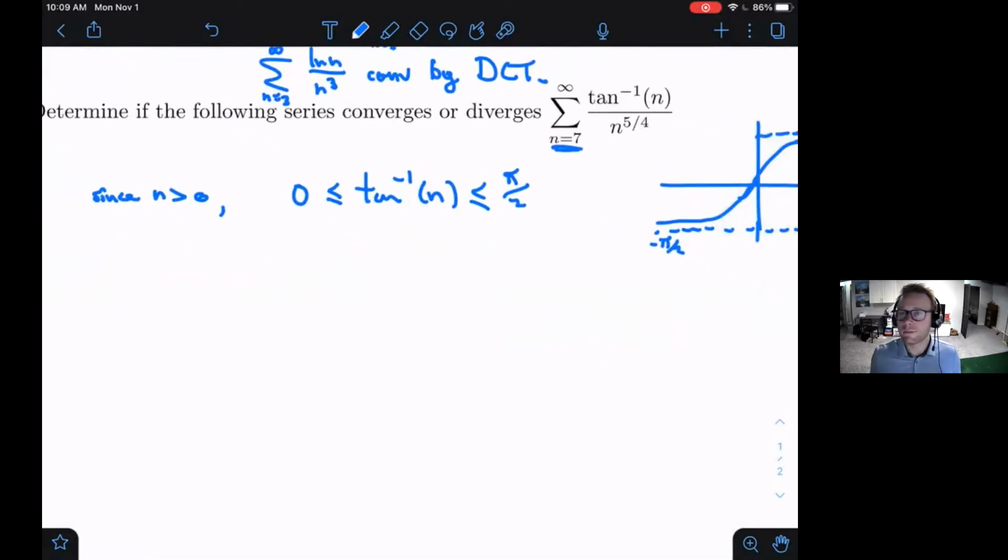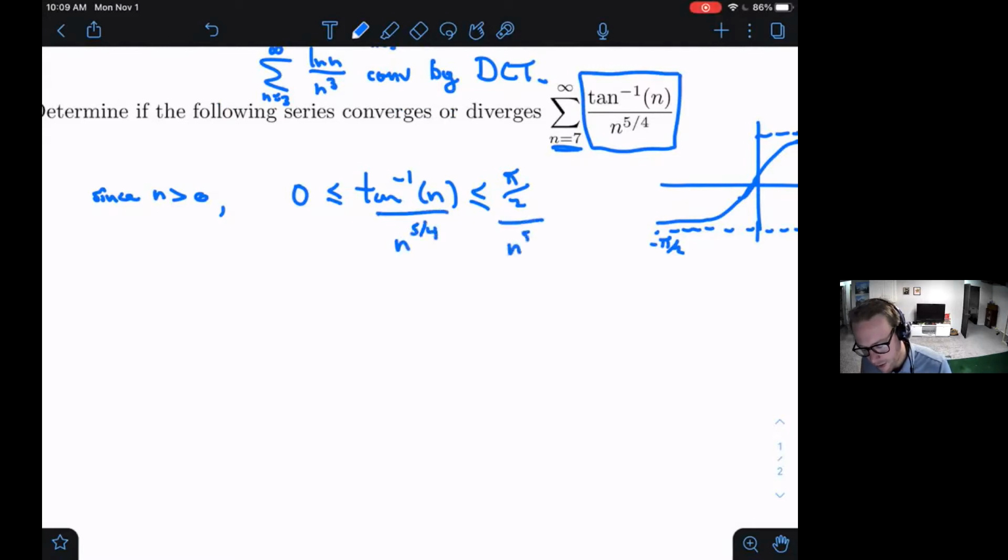Now, similar to our other ones, we need to try to build this entire term right here. And so we're going to divide through by n raised to the 5/4, it looks like. So divide by n to the 5/4, divided by n to the 5/4, divided by n to the 5/4. And of course, 0 divided by anything will be 0.